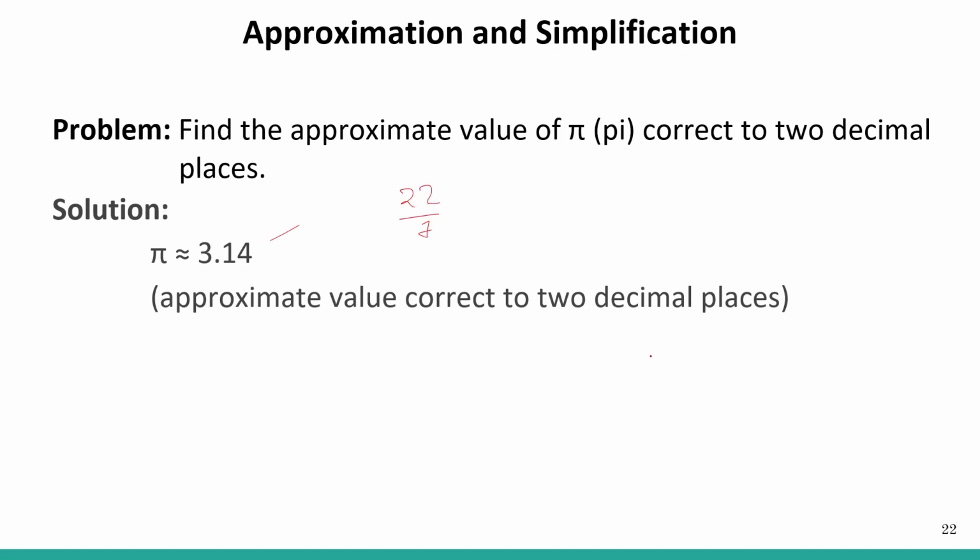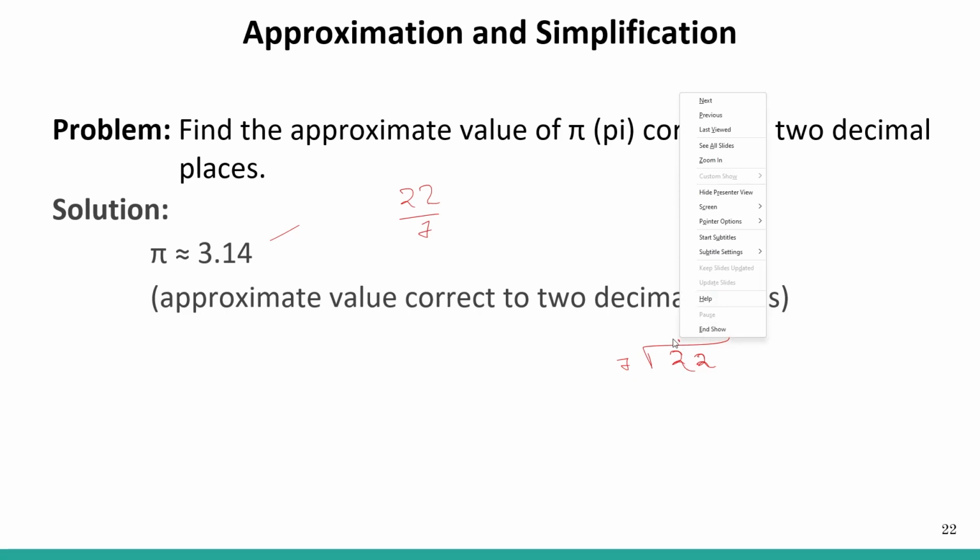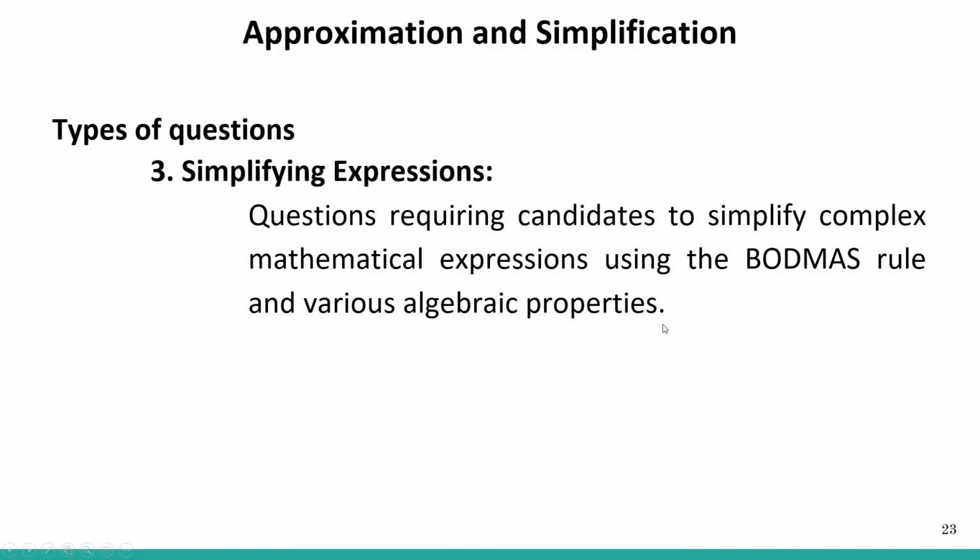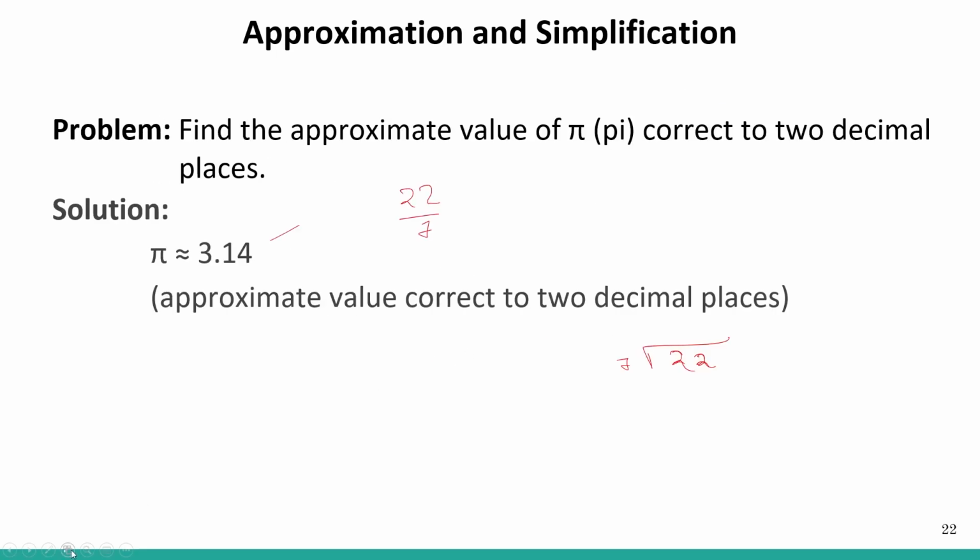If we try to divide 22 by 7, we can't divide this directly, so we put 3 here. 7 into 3 is 21, so we have 2 left.